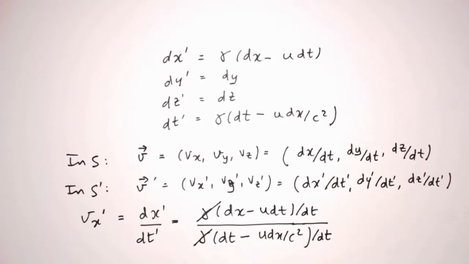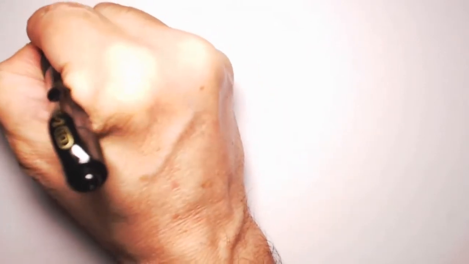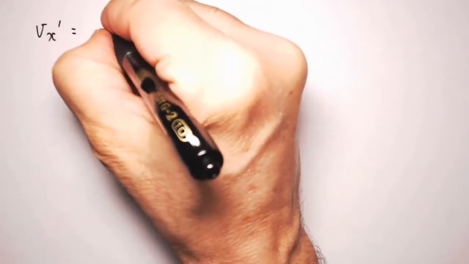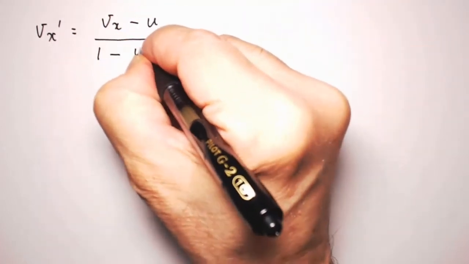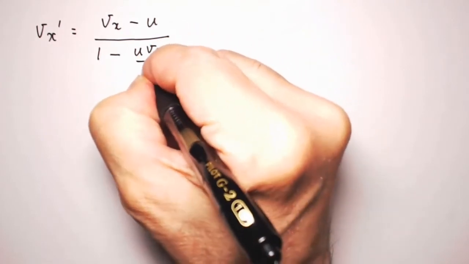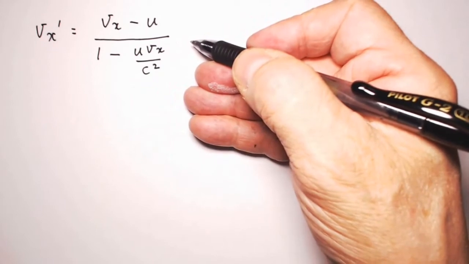Well, it gives us dx by dt minus u, since u dt divided by dt is just u, and below the line dt by dt is just 1, and we have u times dx by dt, divided by c squared. So the result is that vx prime is equal to (vx minus u) divided by (1 minus u vx divided by c squared). And that is the Lorentz transformation for the x component of velocity.